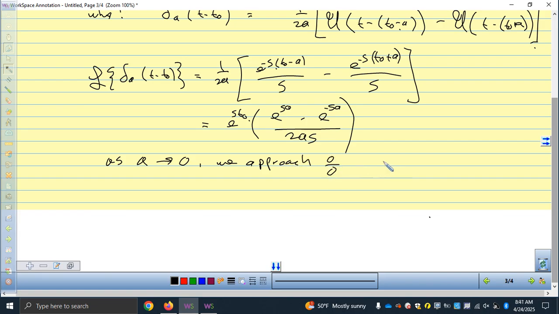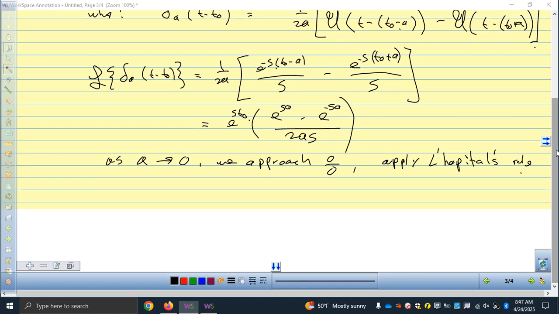So we apply L'Hopital's rule. Is that the first time that's shown up in this class? We might have done one other problem that we needed L'Hopital's rule for, to find the limit.